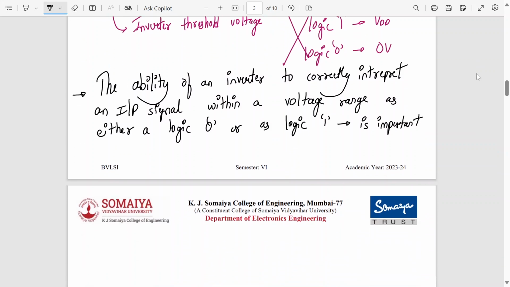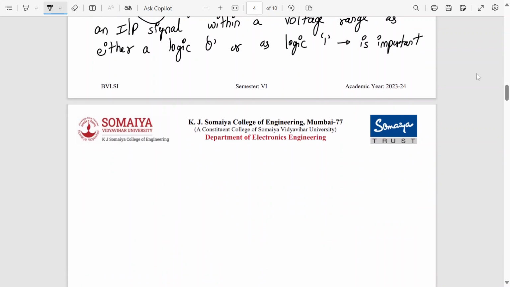Let's say we have defined input levels. So let's say input level high is correctly interpreted as logic 1. This level is from 5 volt to 3 volt.